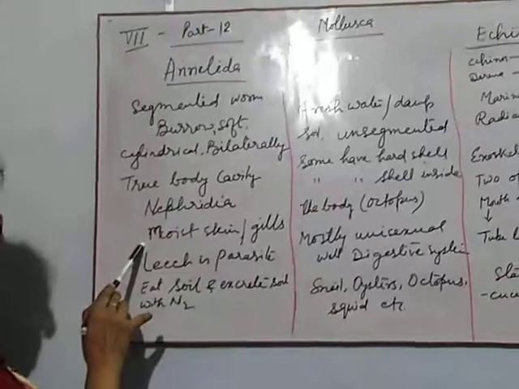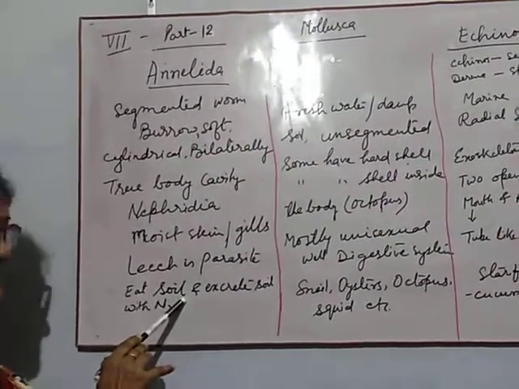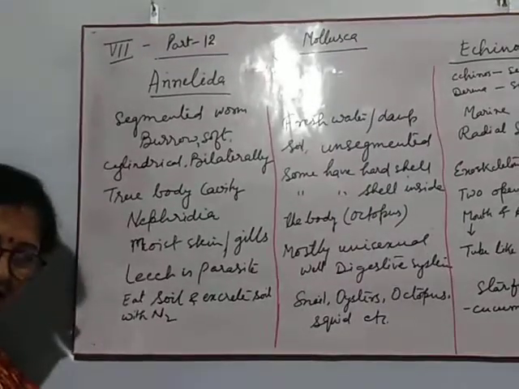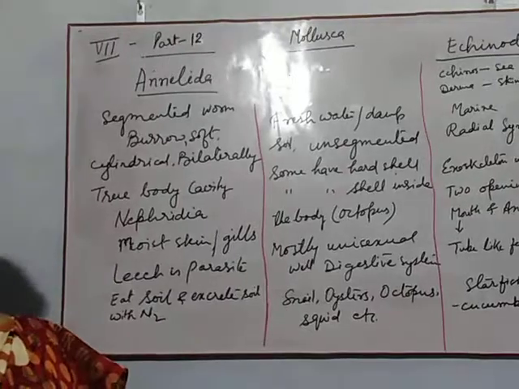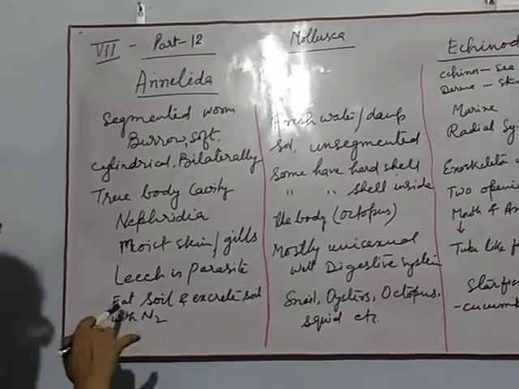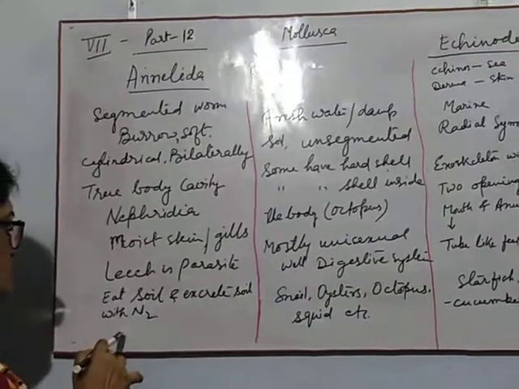In the case of the earthworm, it lives in soil, so it eats soil, because inside the soil there are some insects and materials which are very nutritious for it. It eats soil and then excretes soil too.